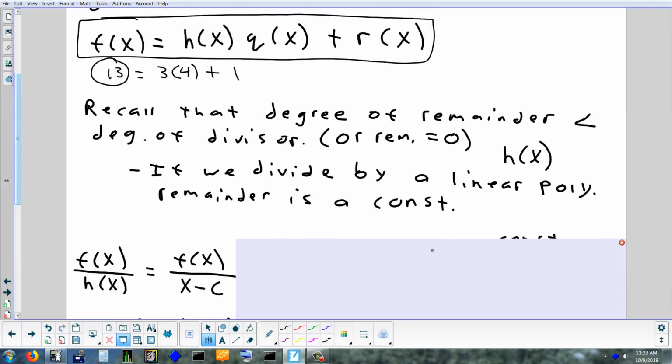Now, I'm going to pretend that h of x is a linear polynomial. What is it? I don't know. Maybe it's x minus 5. Maybe it's x minus 10. Maybe it's x minus 7, which would be x plus 7. But it's a letter plus or minus a number. That's all I know.